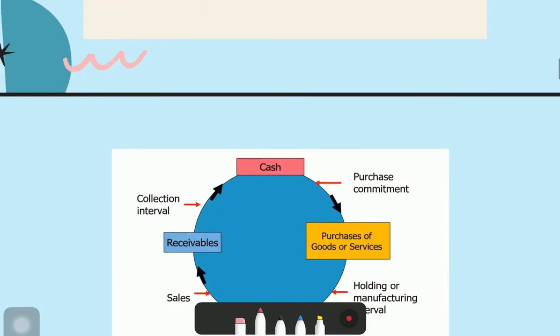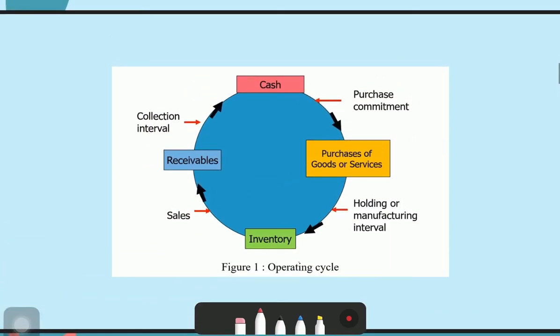This is the cash conversion cycle or cash operating cycle. We start from cash, and then the company purchases goods or services. This one is like the company purchasing their raw materials, until the company produces the inventory, or here, the finished goods, and then starts to sell their inventory.